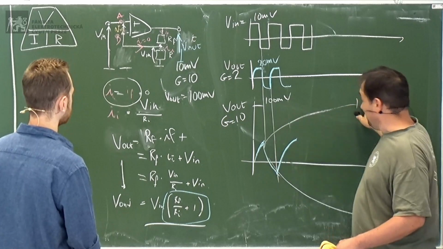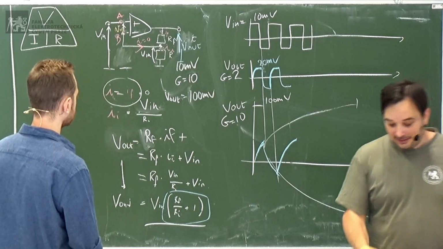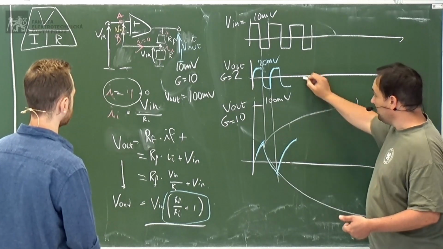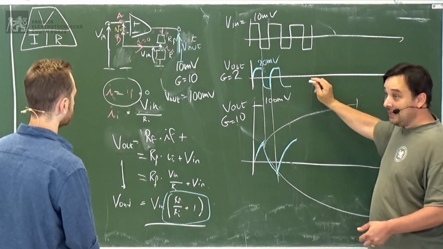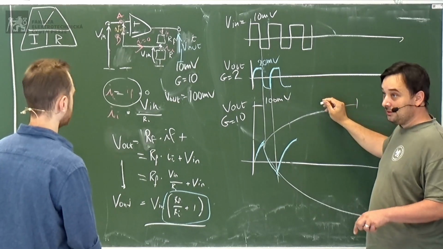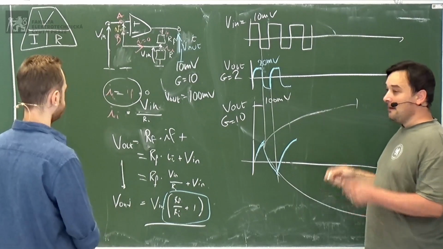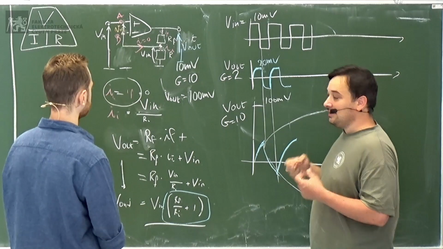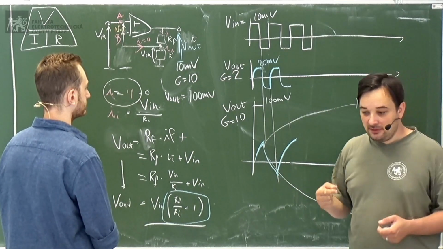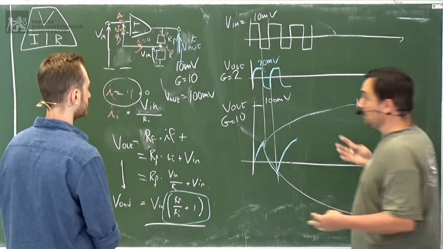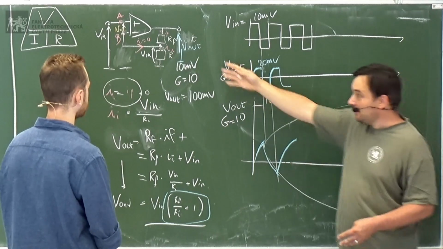Here, it never arrives to 100, which means that for this input frequency, a gain of 2 still works, but a gain of 10 doesn't work anymore. This is important because it tells you the bandwidth, which means the maximum frequency you can put in the input and have a working output.